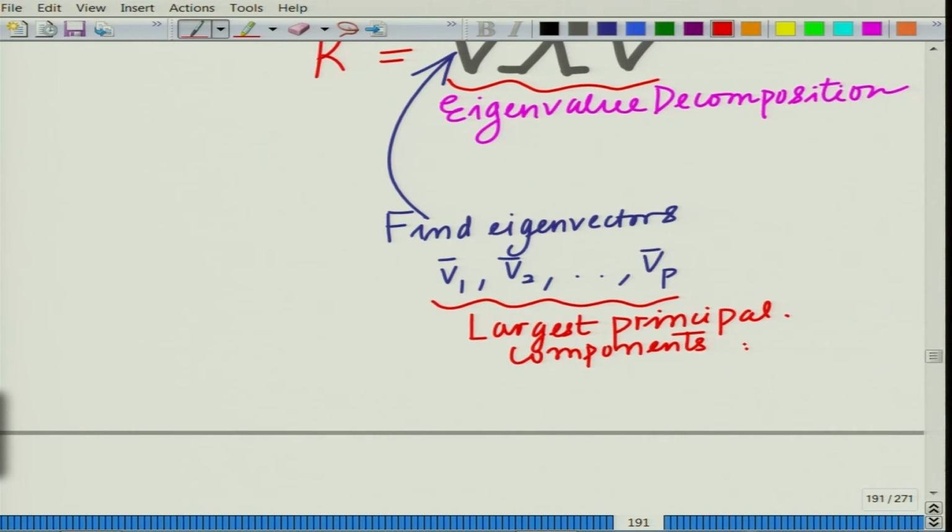Or you can think of this as the directions corresponding to the largest principal components. These are the eigenvectors corresponding to the p largest eigenvalues of the covariance matrix.